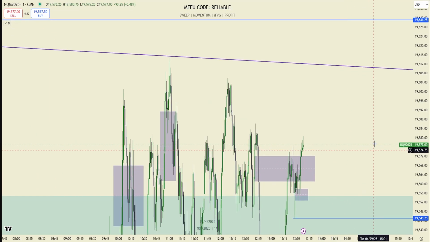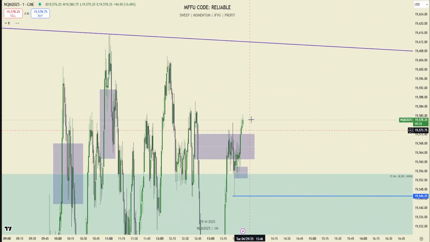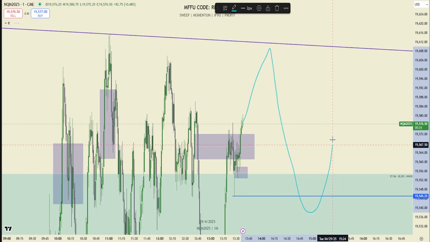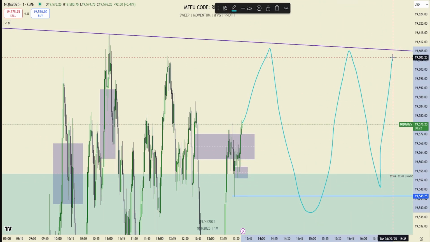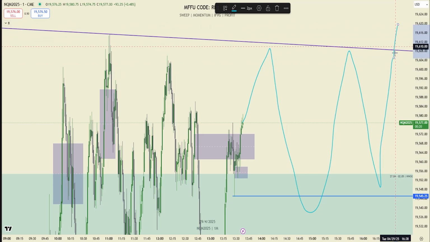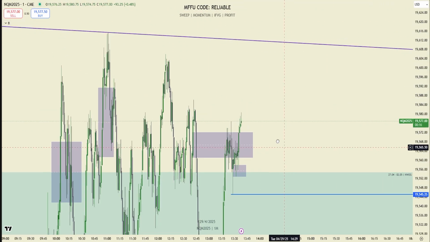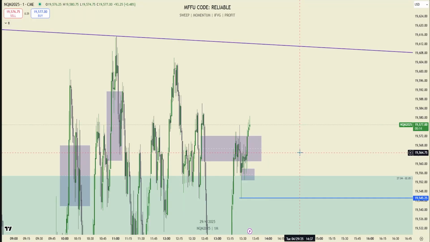If you really want this to become a good higher time frame LRLR, we'll probably see price come up again, maybe come down, sweep this low, maybe come up again, and then finally maybe break through it or something. That's when it would be a really, really good draw on liquidity. But right now it's okay.